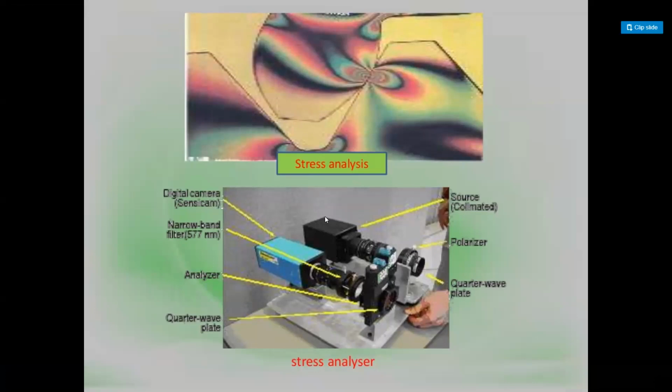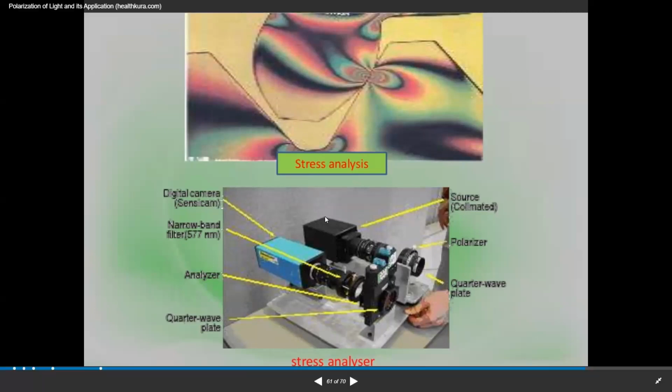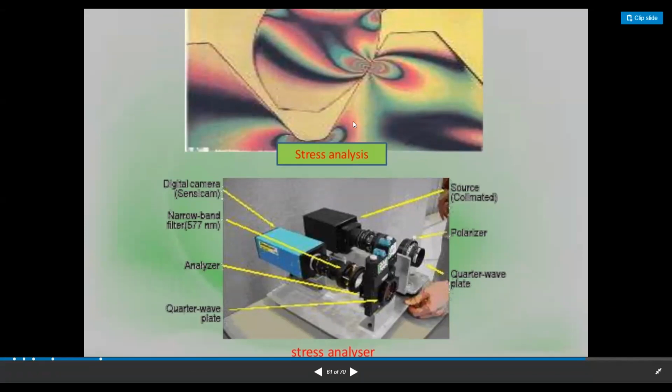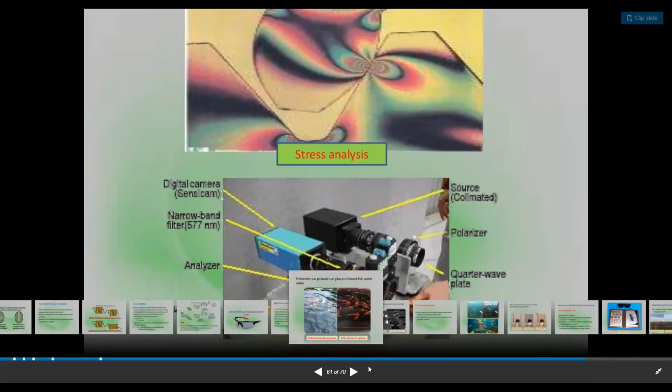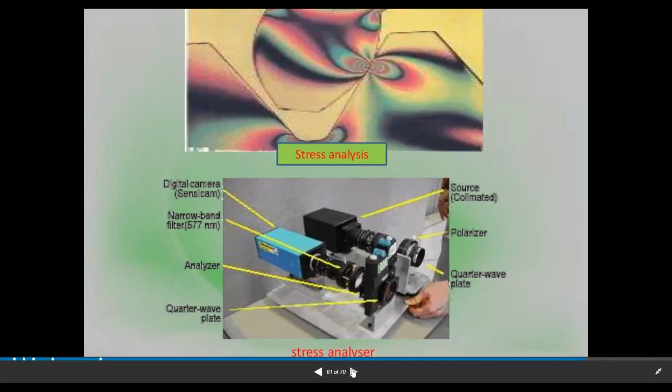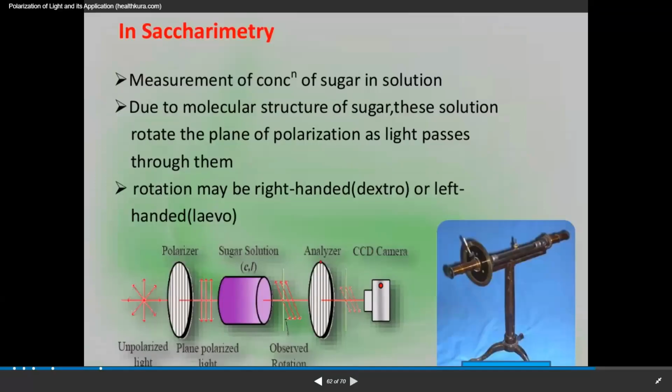When we observe through polarized light, it clearly gives the image in the form of colors. By observing the colors, we can detect if there is any damage inside the material. That is also one of the applications of polarized materials.